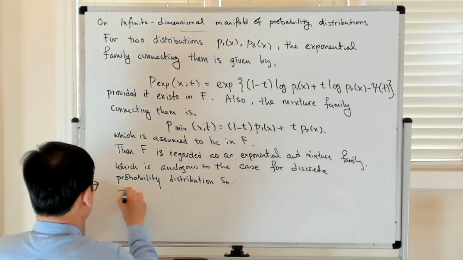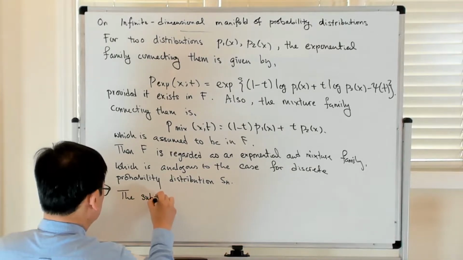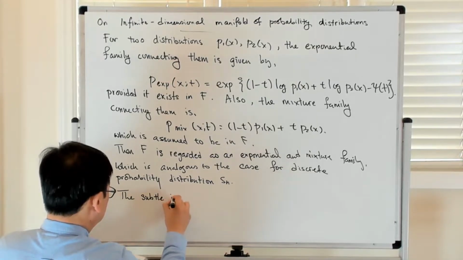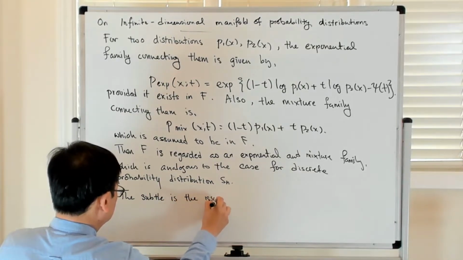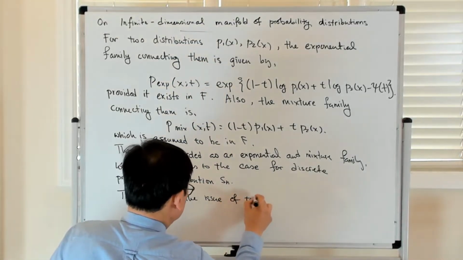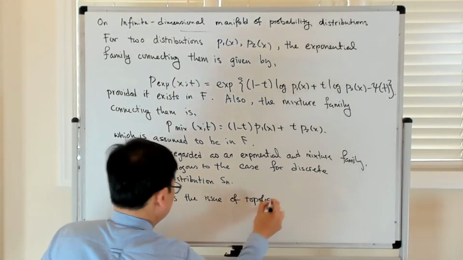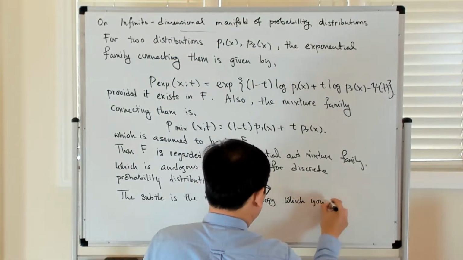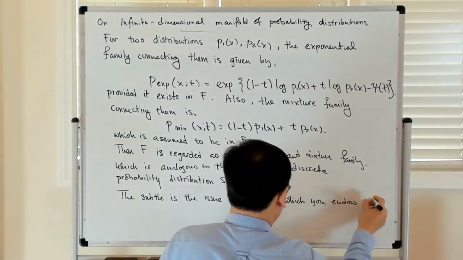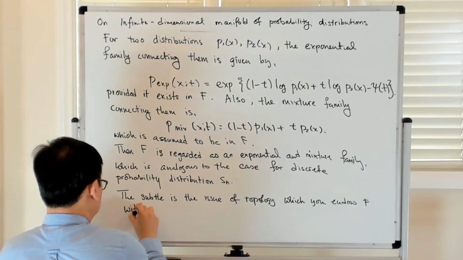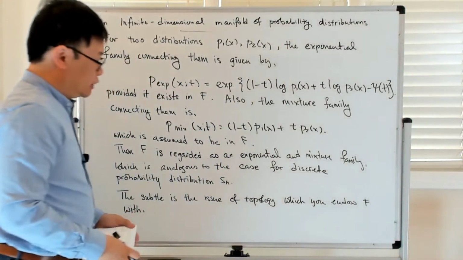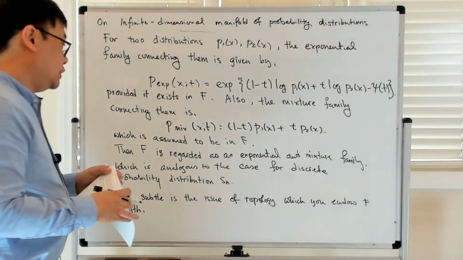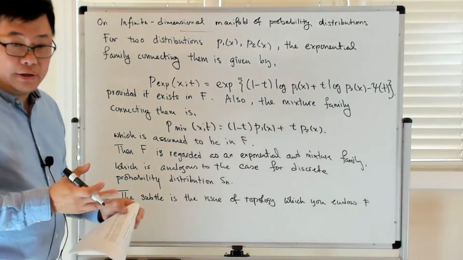So the subtle issue here is this issue of topology, which you endow F with. Topology is important because it talks about the notion of what is in a neighborhood, in what sense things converge.